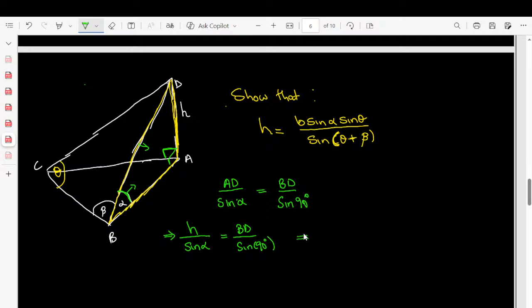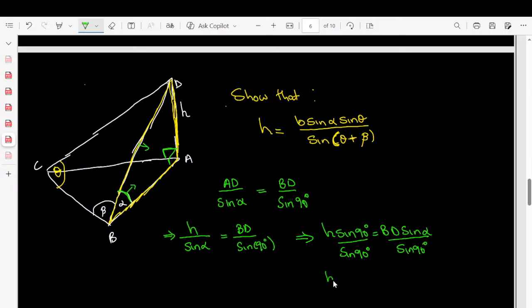We cross multiply. This will give me H times the sine of 90 degrees is equal to BD times the sine of alpha. So what's next? We can just divide this side by the sine of 90, and divide the other side by the sine of 90.